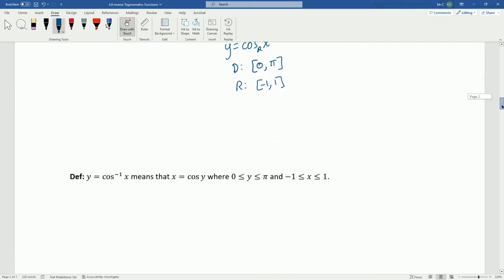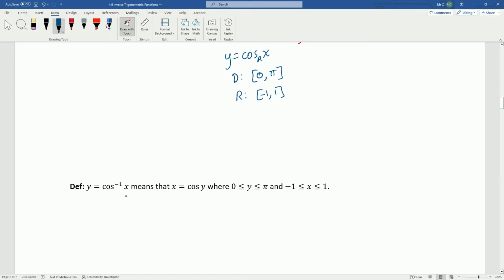So that leads us to the definition for cosine inverse, that y equals cosine inverse of x means that x equals cosine of y, where y is between 0 and pi, and x is between -1 and 1. So again, what did we do? We just switched the domain and range. So now my range is 0 to pi for the inverse function, and my domain is -1 to 1.